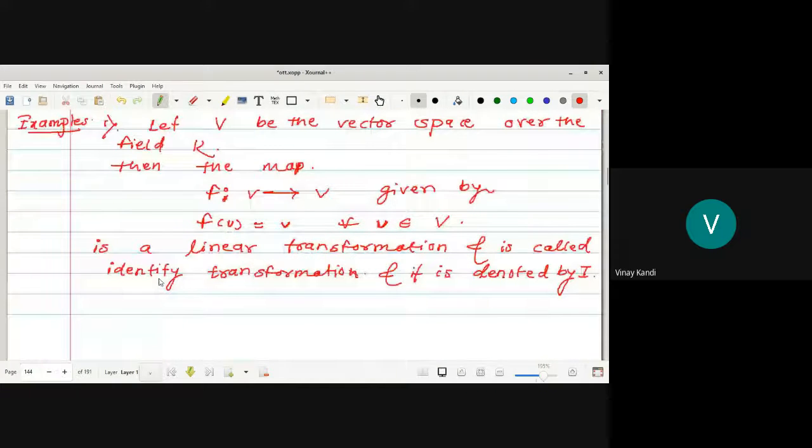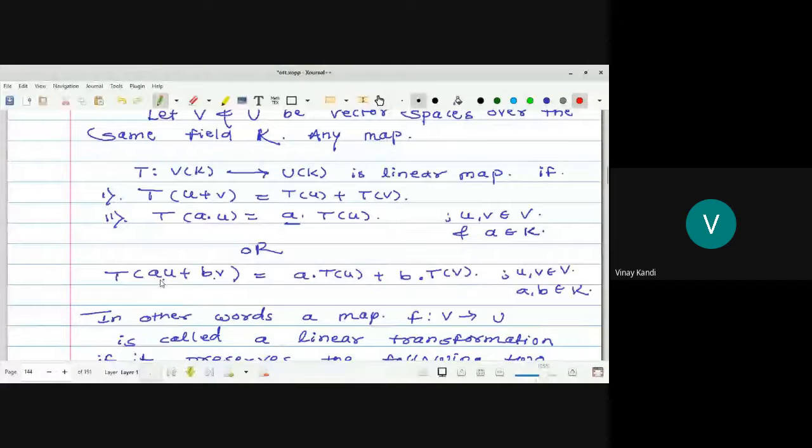What is the first condition? T of a plus b is equal to T of a plus T of b, or T of u plus v is equal to T of u plus T of v. Here the mapping is D, so we have to show that D of u plus v is equal to D of u plus D of v.